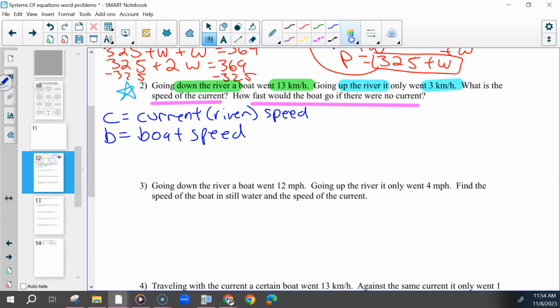Okay. Something else. We may know this, we may not. If we're going down a river, the current is helping, it's pushing, so you're going faster. If you're going up the river, it's opposite. So down a river, you would be adding. Up the river, you're subtracting. How would I set up these two equations?